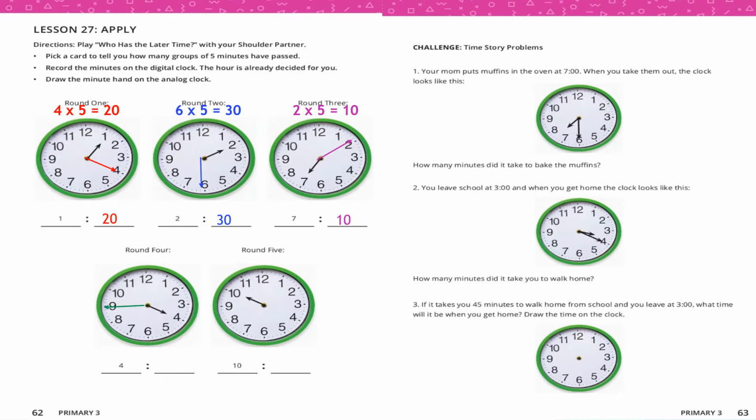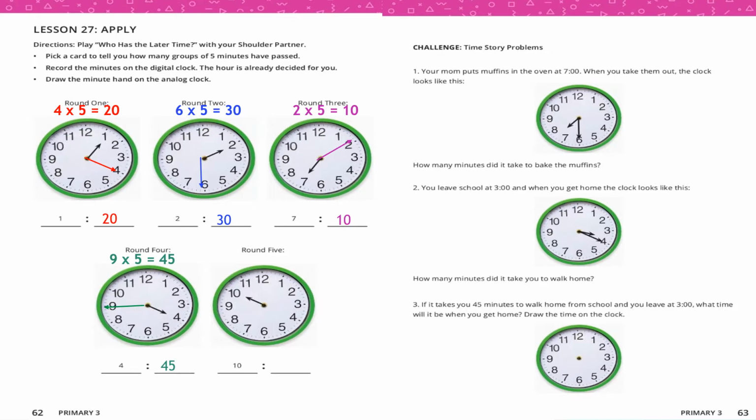And the long hand is referring to 9. So 9 groups of 5 equals 45. We will write 45 in minutes. It will be 4:45. The last one we have, the short hand is referring to 10.